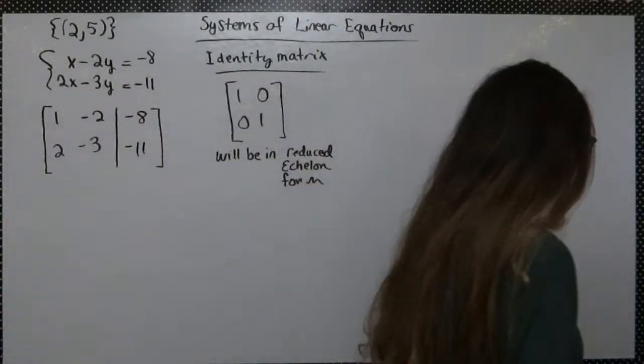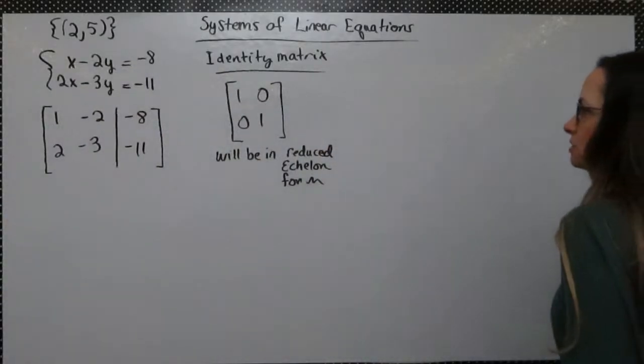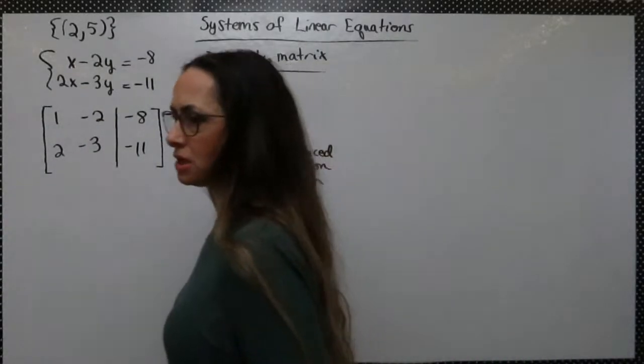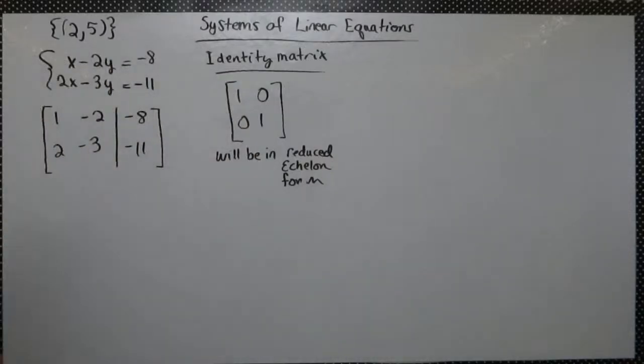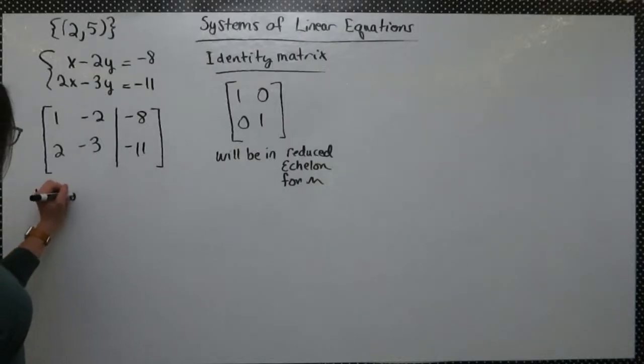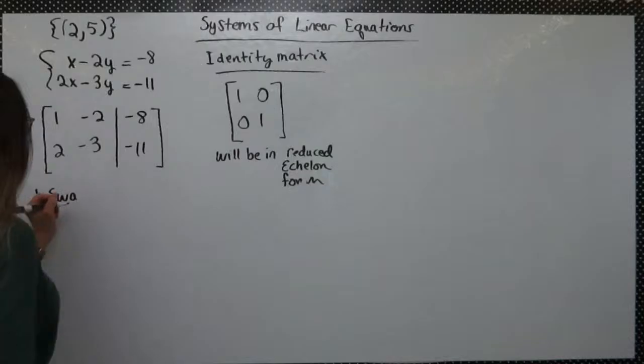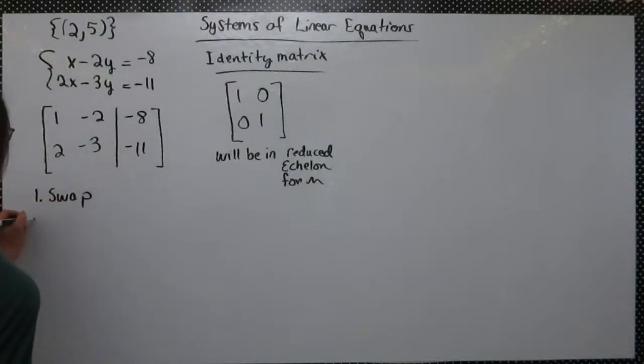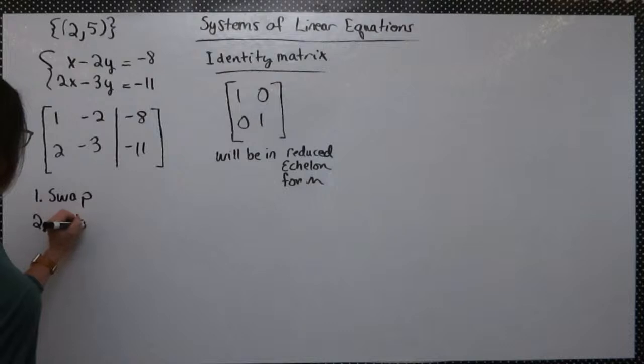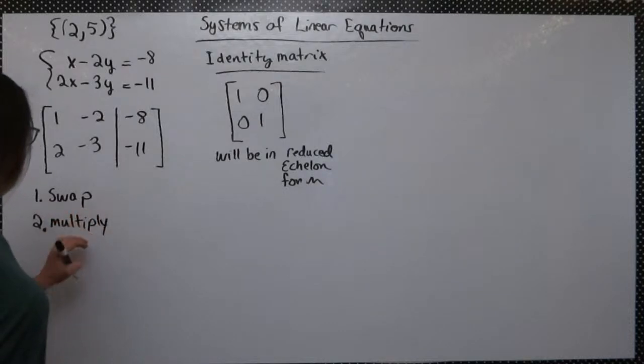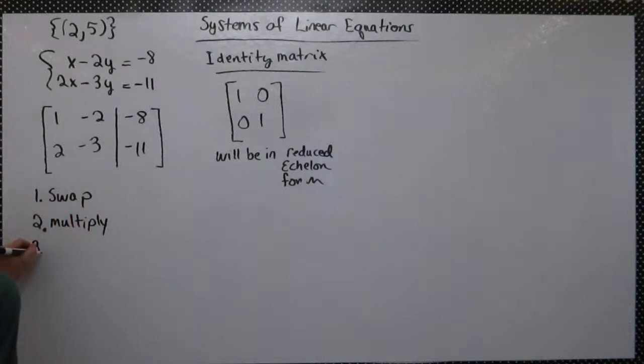That's the game. I want to do a series of elementary row operations consisting of those main 3 rules that we discussed the other day. 1 is swap, 2 is multiply, and 3 is add equations.